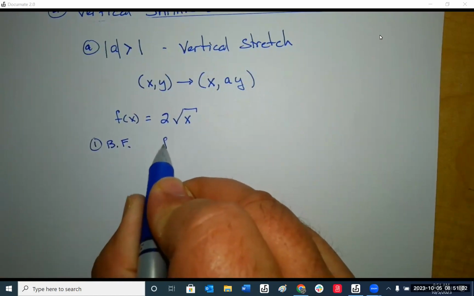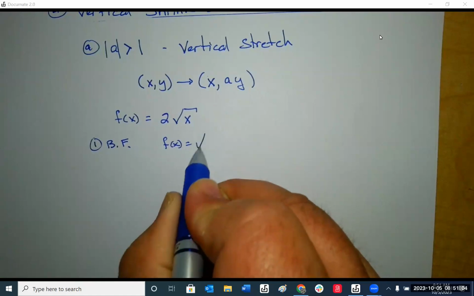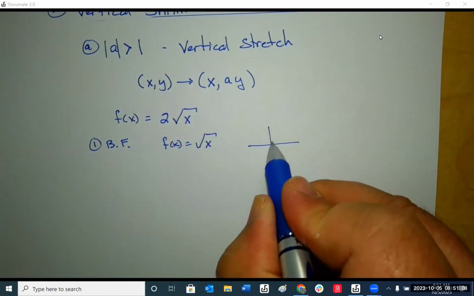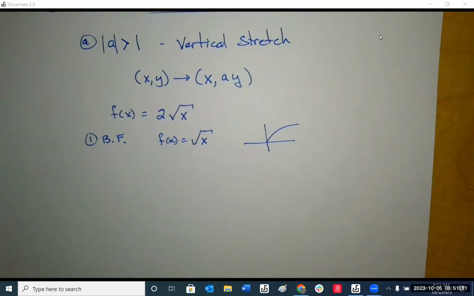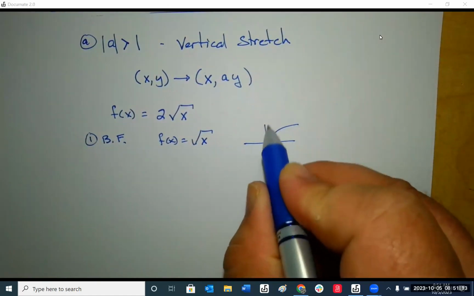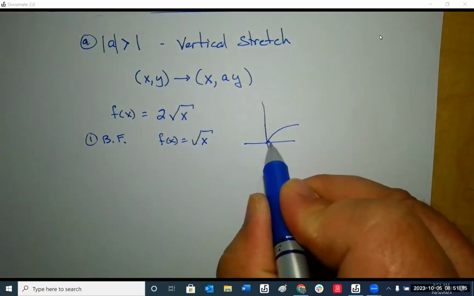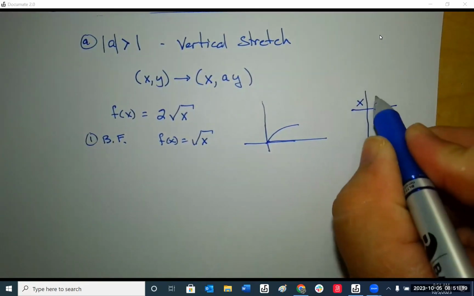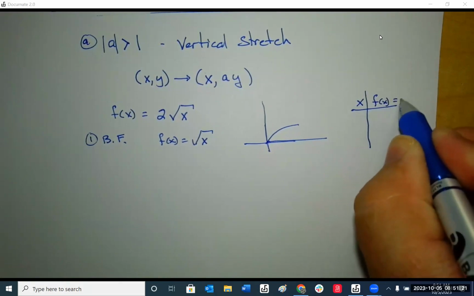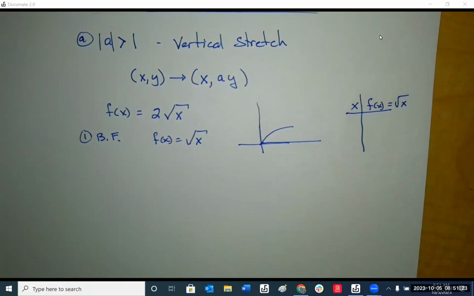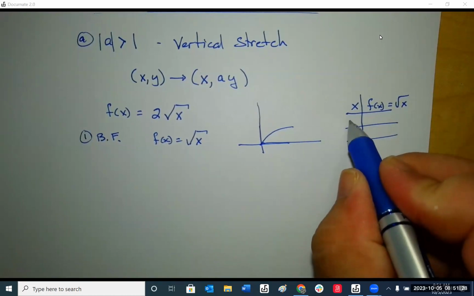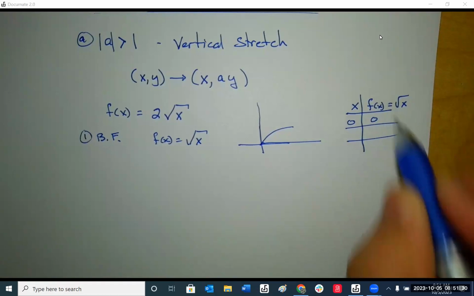The basic function is the square root of X. Now we're going to look at some points actually. So when X is 0, Y is 0.